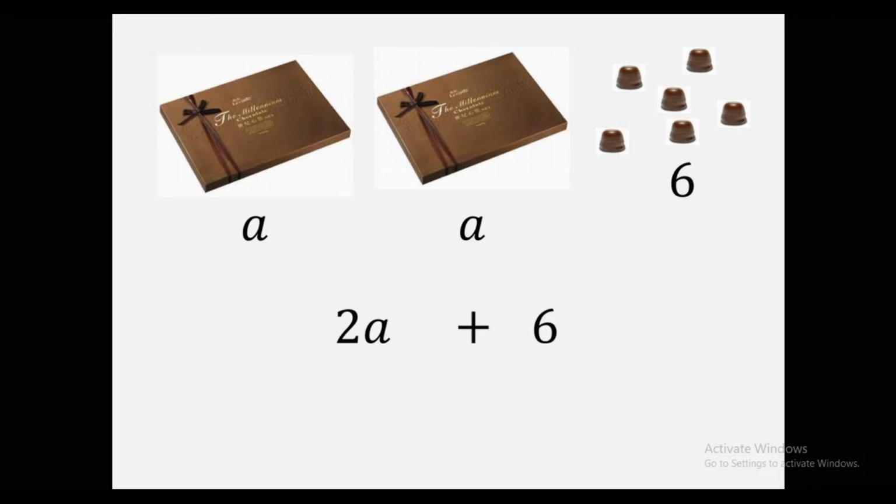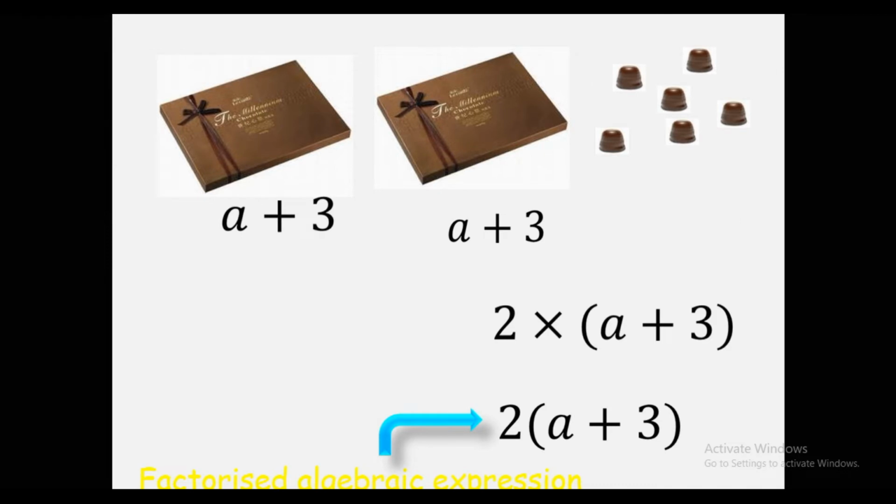That means one card and 3 chocolates, one card and 3 chocolates. So how many? 1 a plus 3 and 1 a plus 3.